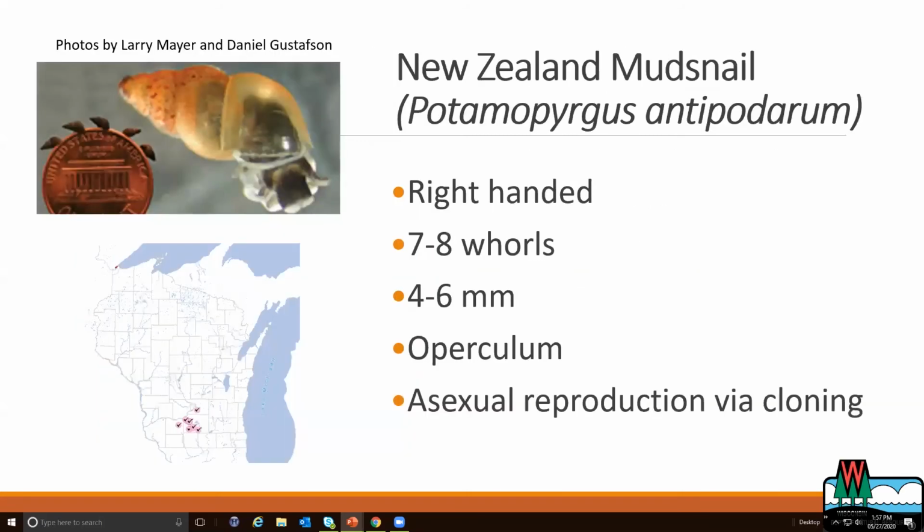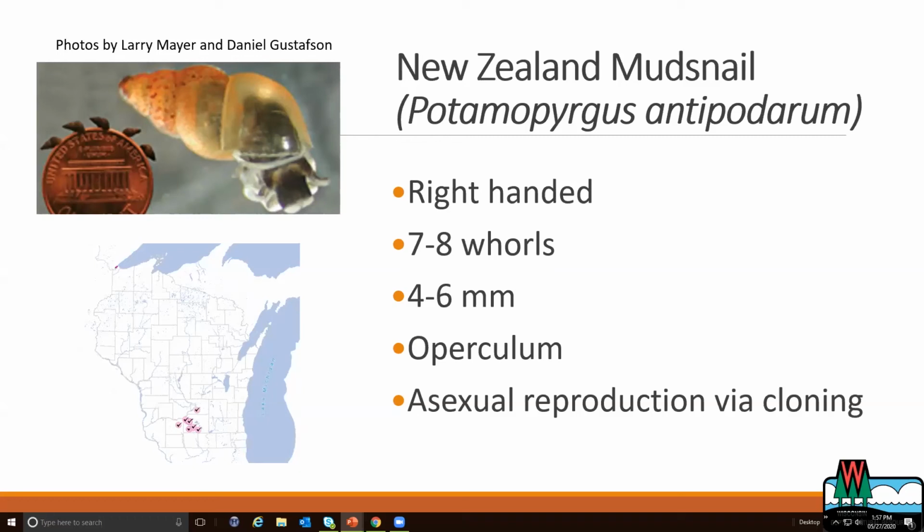The last species we have is the New Zealand mud snail, mostly an issue down here in south central Wisconsin. It's got a right-handed opening, 7 to 8 whorls on the shell, although they're very hard to count because the snail itself is so small, maxing out between 4 and 6 millimeters.